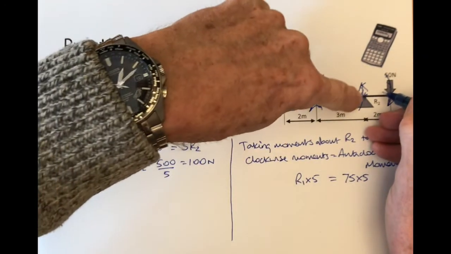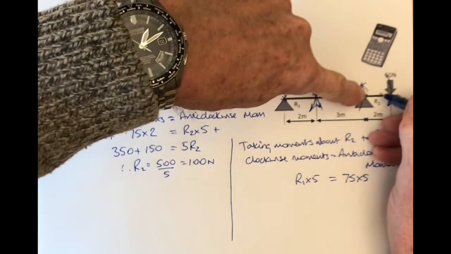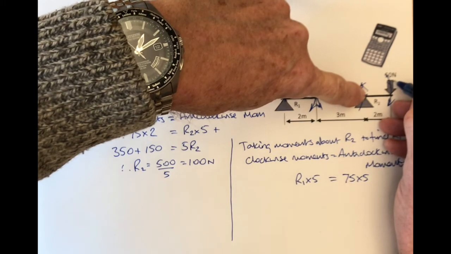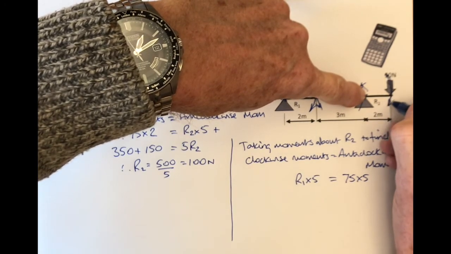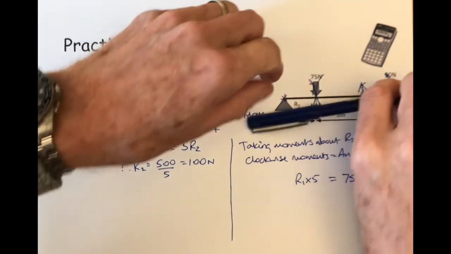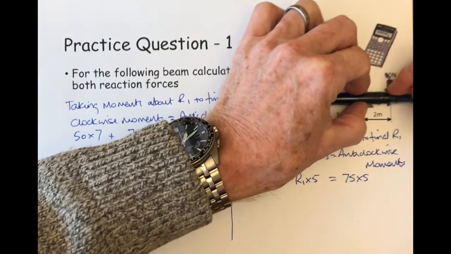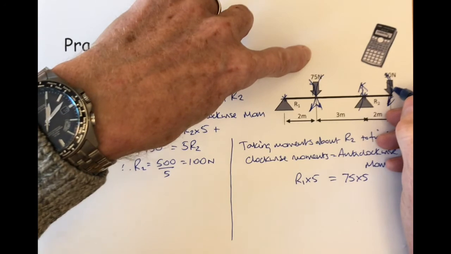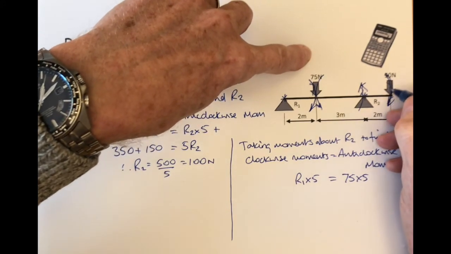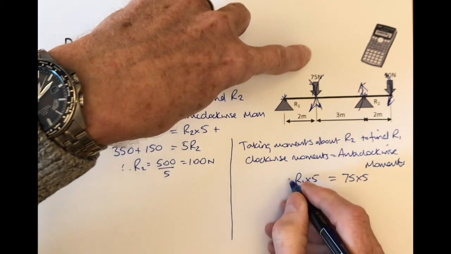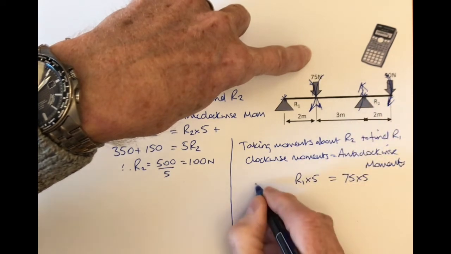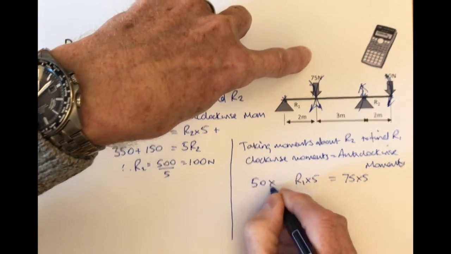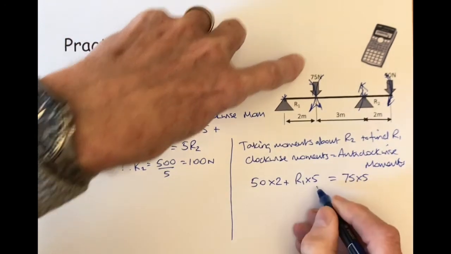And then this last one, we're pivoting about here. This last one, 50, is going to be pushing down that way again, and that is going to go in a clockwise direction as well. So that's 2 meters out, so that's 50 times 2 plus that one there.